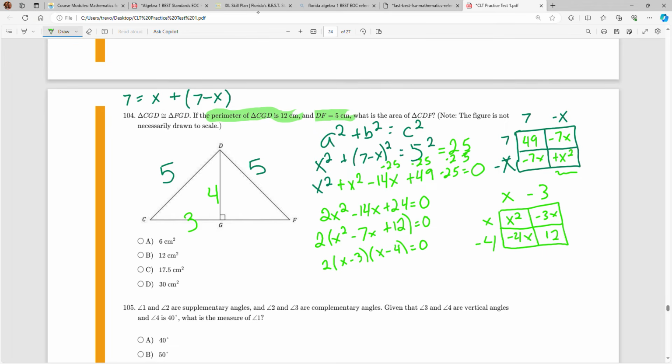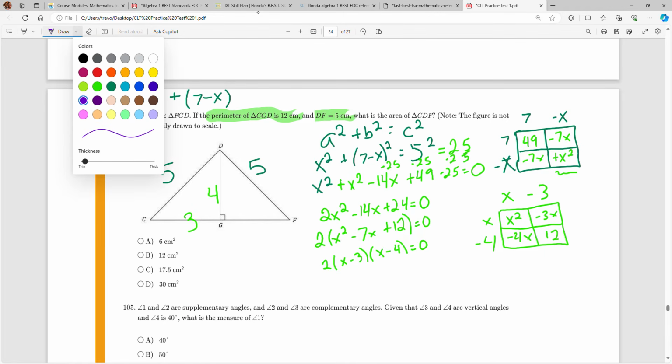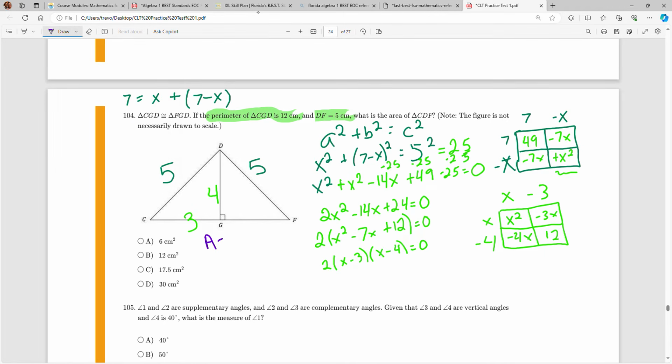And the area of a triangle, I don't know if they give you this formula or if you have to know it. The area of a triangle, they do give it to you. It's on your reference sheet here. It is 1/2 base times height. So area equals 1/2 base times height.